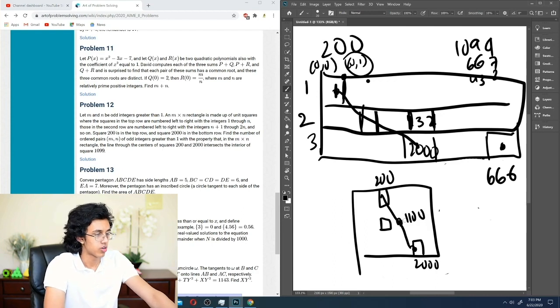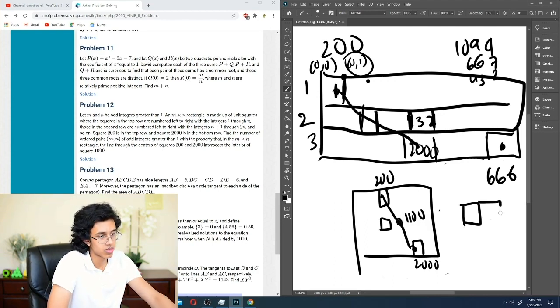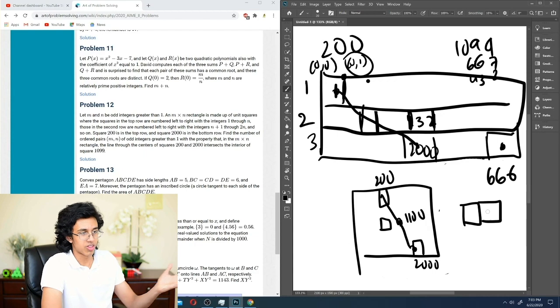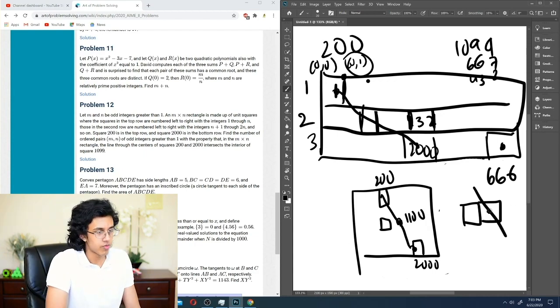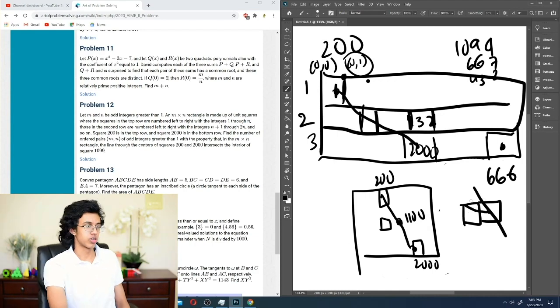Basically, we know that it has to go through 1100, because that's right in between the two. But then the only way for it to go into this square, which is 1099, is for this to be less than 1. So that shouldn't be too hard to count.